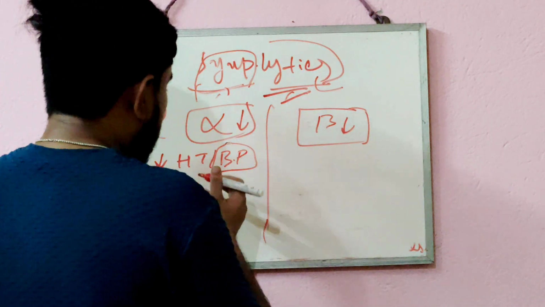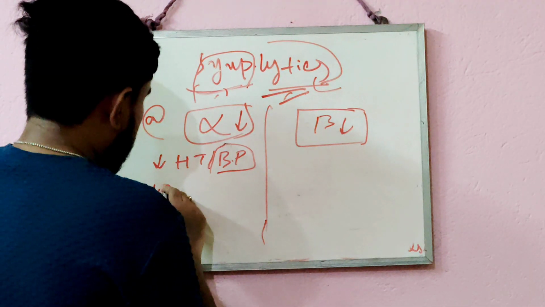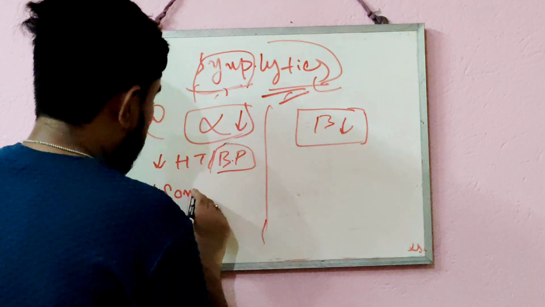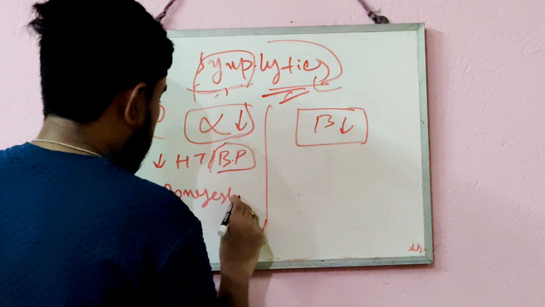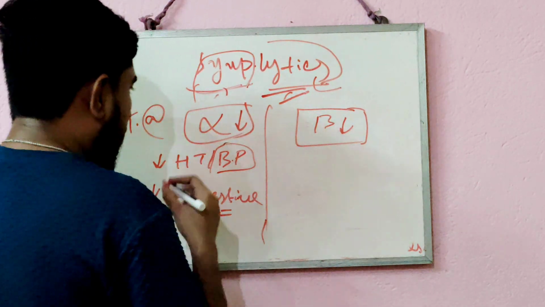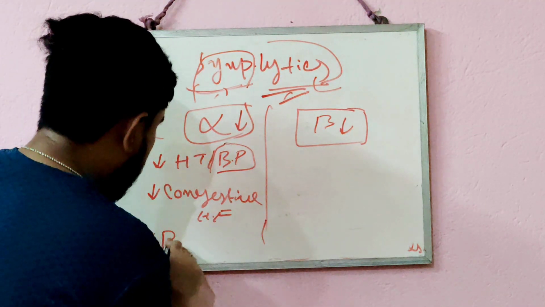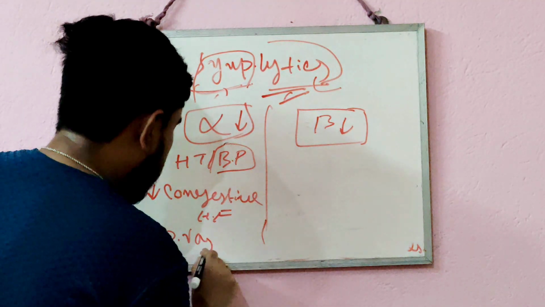Then another use is to treat congestive heart failure. And alpha antagonists are also used to treat peripheral vascular diseases.